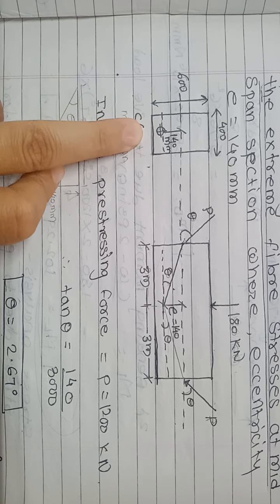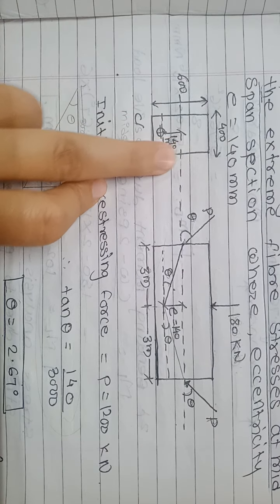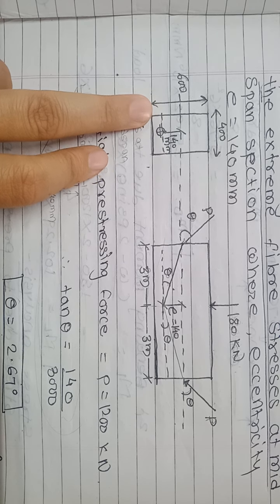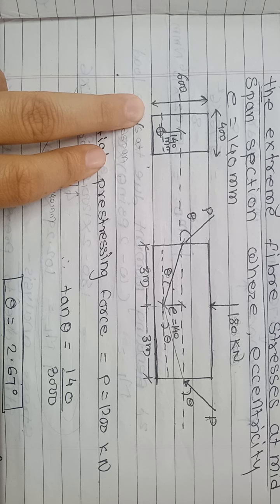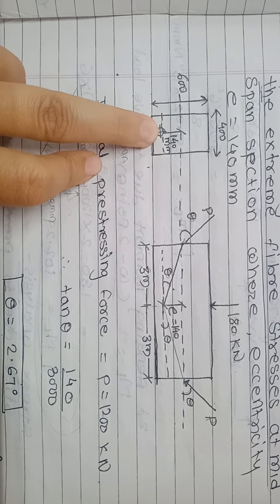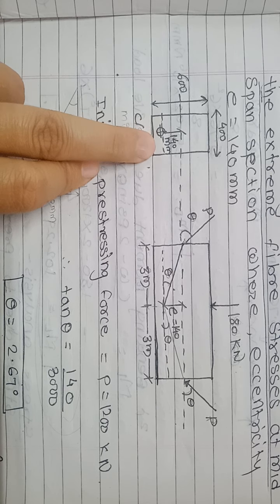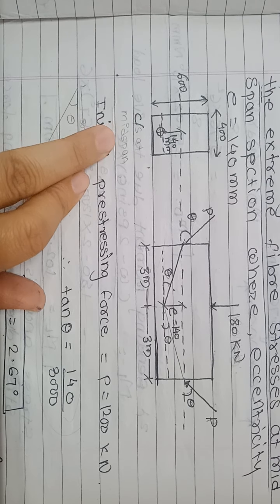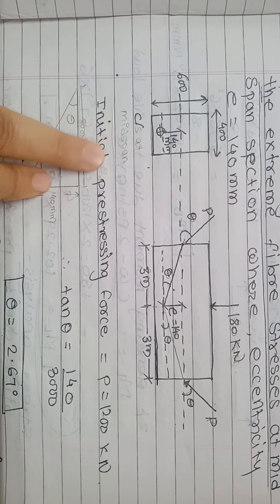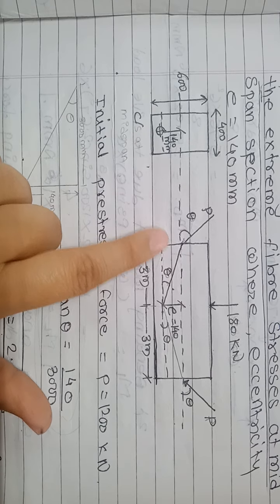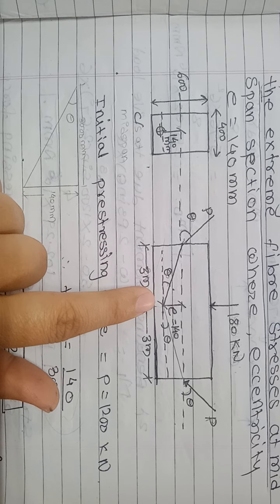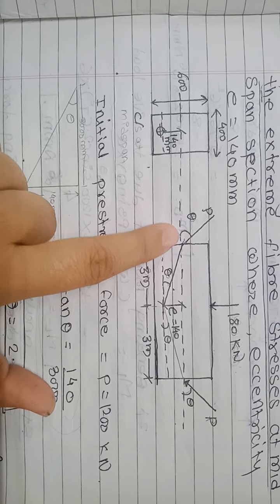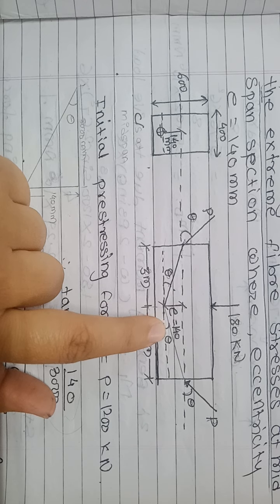First of all, draw a simple diagram. This is the rectangular section of the beam. 400 mm is the width, 600 mm is the depth of the beam, and the eccentricity E is given, that is 140 mm. This is the cross-section at midspan. This is a bent up tendon problem, that's why E is given as 140 mm.